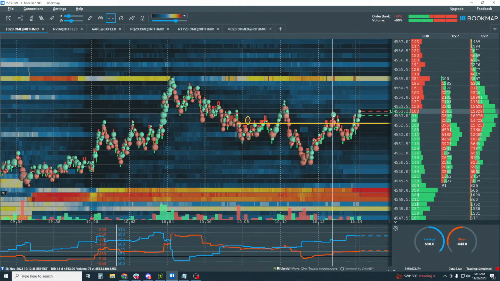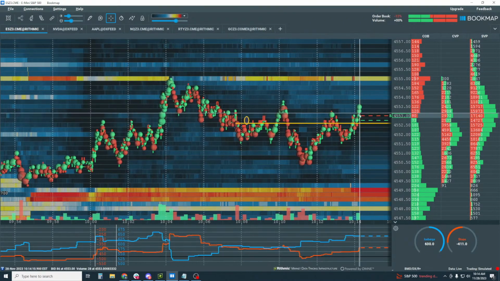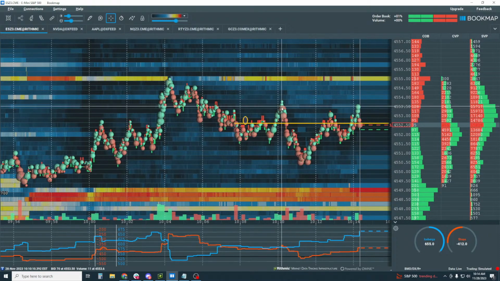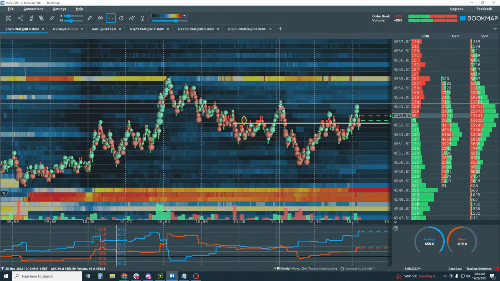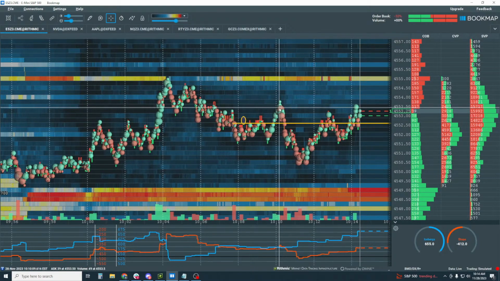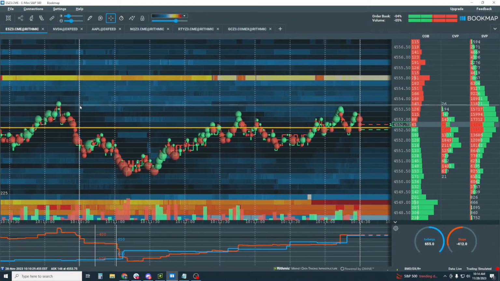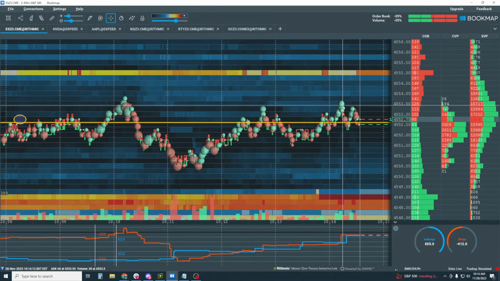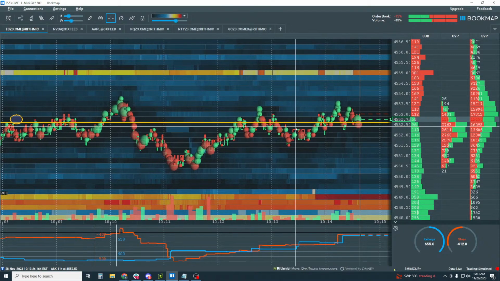All right, so now we've had an auction here a few times. I think now the buyers have it. We've auctioned here a few times, like here and here. We also got that move up into here. So now, since it has auctioned up here, that scenario is more likely, that we can get the buyers up here and the move higher.